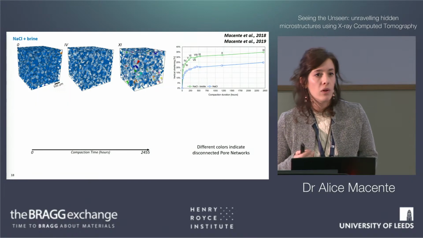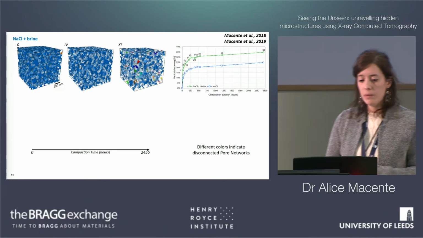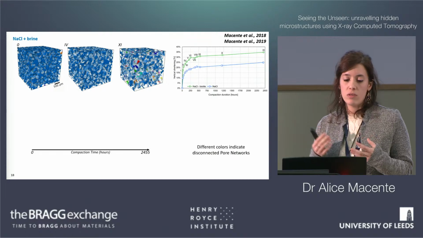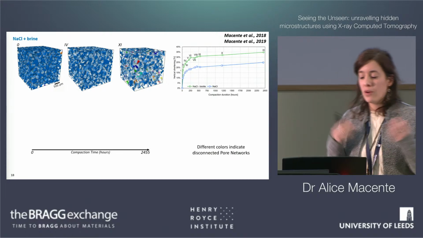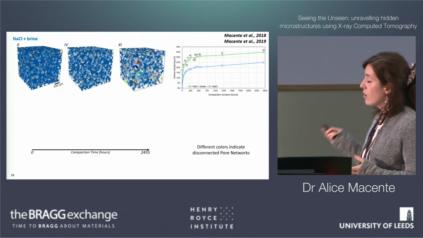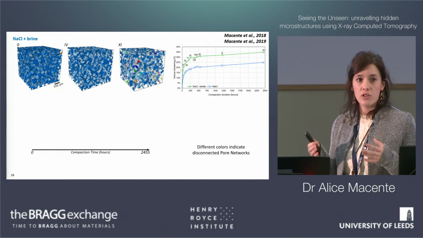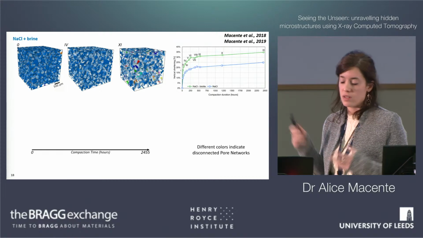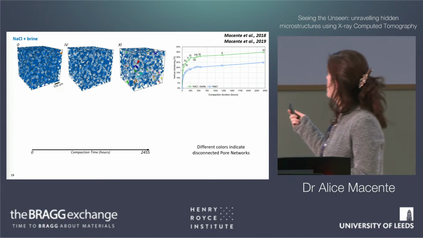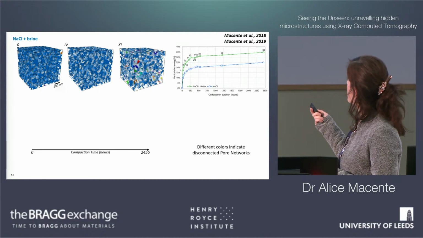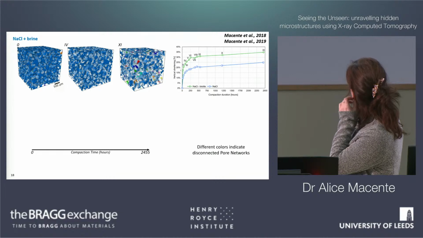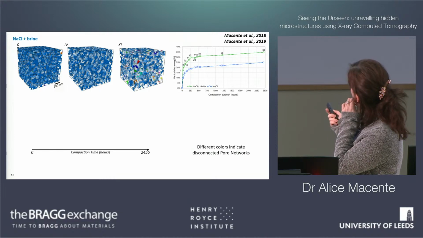We can employ an image analysis algorithm called cluster analysis. What that does is basically assign a color and an identity to each connected pore network. So these are 3 data sets taken from across the compaction curve here. And this is the first sample.